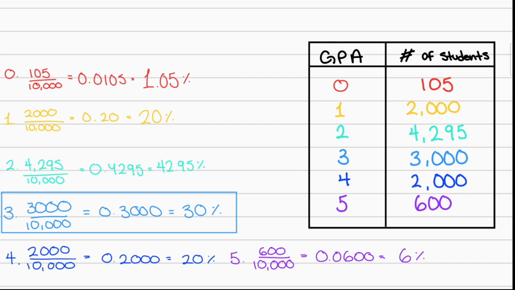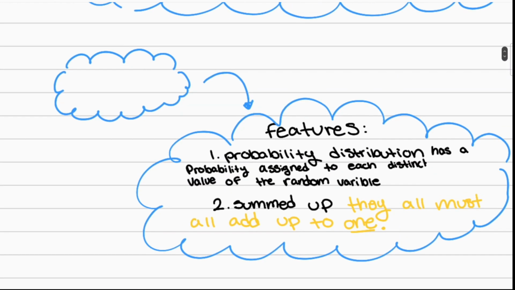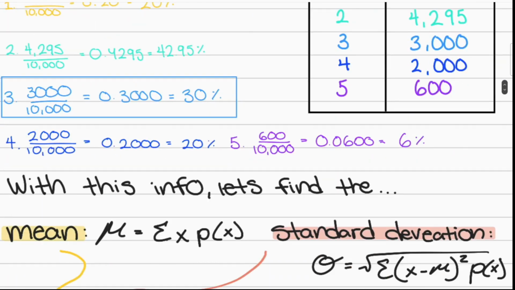In number 3, we have 3,000 students out of 10,000 students with a 3.0 GPA, which means that 30% of the high school has a 3.0 GPA. That is how we find probability. And when adding all of these numbers up, it should result in the number 1, as we previously discussed, since they must all sum up to 1 to be properly distributed data.